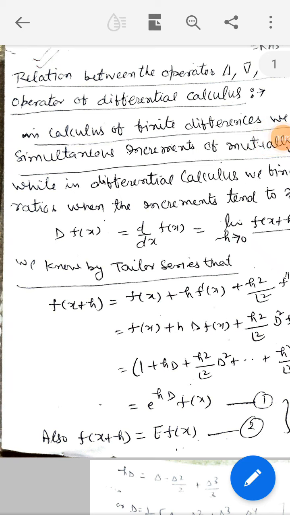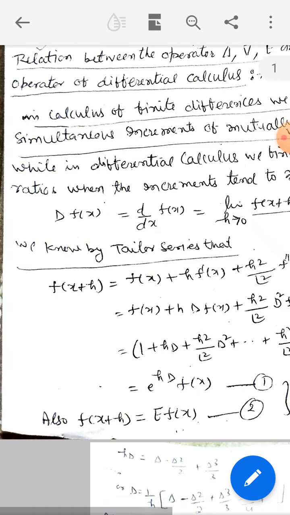In the previous video, we discussed the relation between the operators: the forward difference operator, the backward difference operator, and the displacement operator. Now in this video we discuss the relation between the operators delta, nabla, E and capital D, where capital D is the operator of differential calculus.